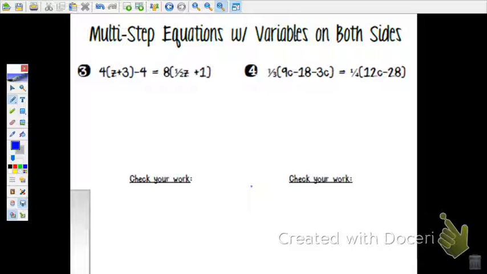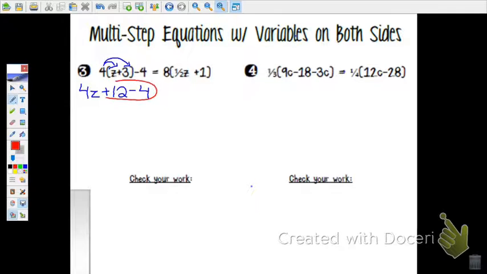Problem number 3, lots of stuff going on here. Okay. So again, I just want to first look at one side at a time. When I look just at my left side, I need to start with that distribution. So I get 4z plus 12, bring down the minus 4.